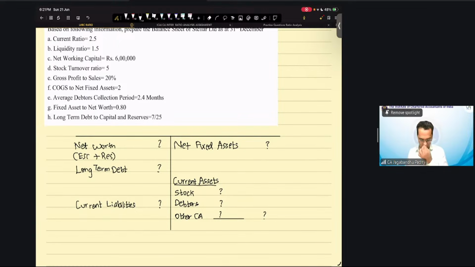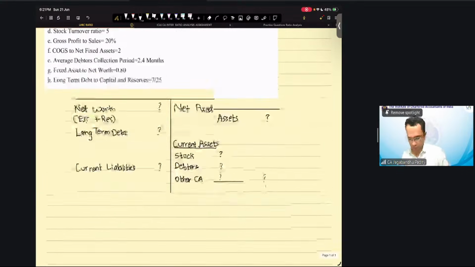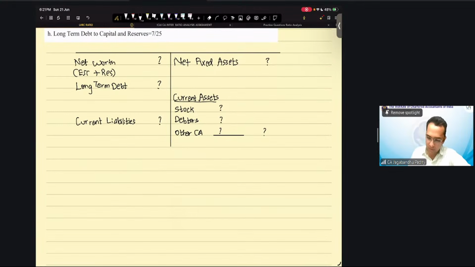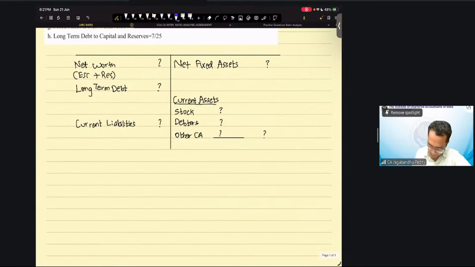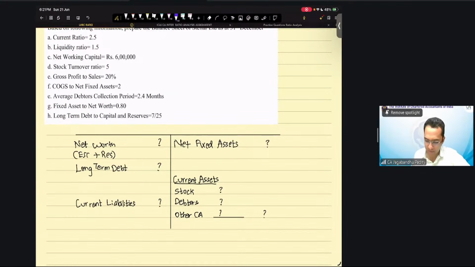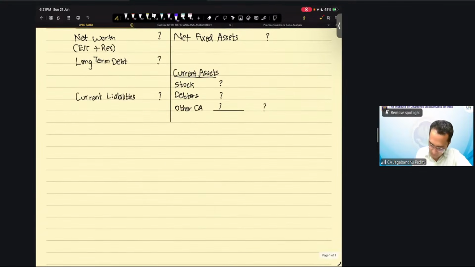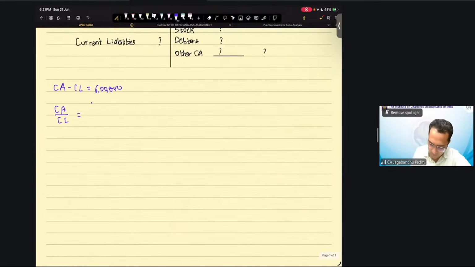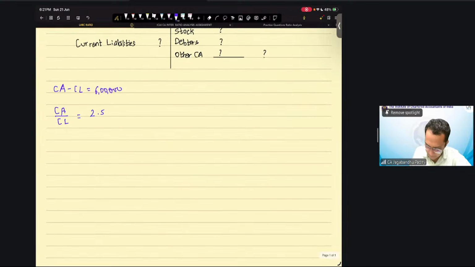So first up, current ratio of 2.5. How do we get the answers for this? Current ratio is 2.5. The known number we have is net working capital of 6 lakh, so current asset minus current liability is 6 lakh, and current ratio is current asset upon current liability, which is 2.5.